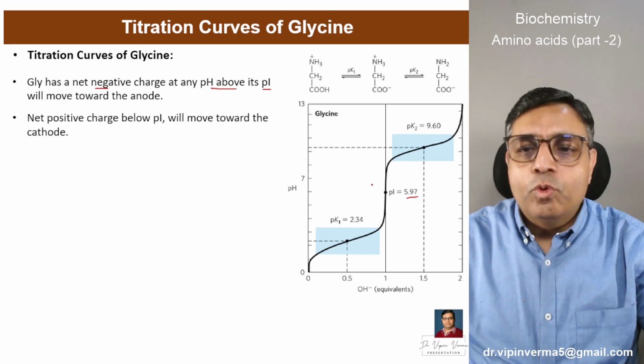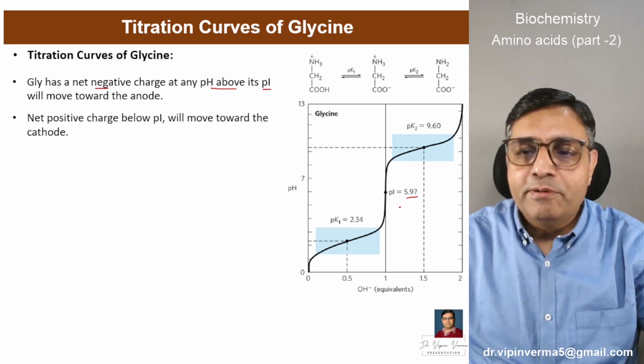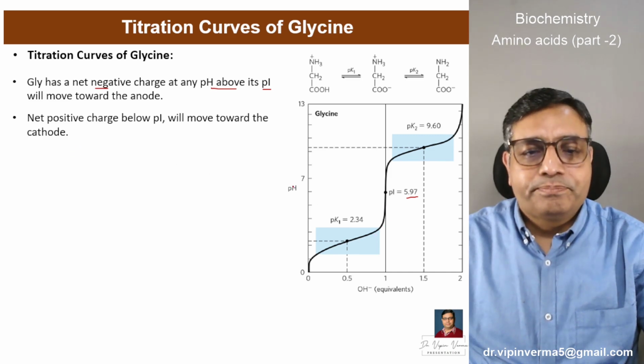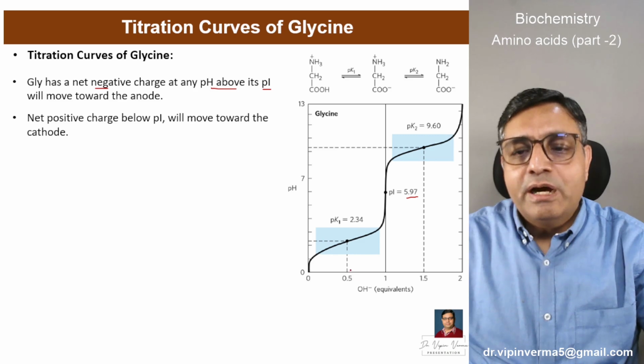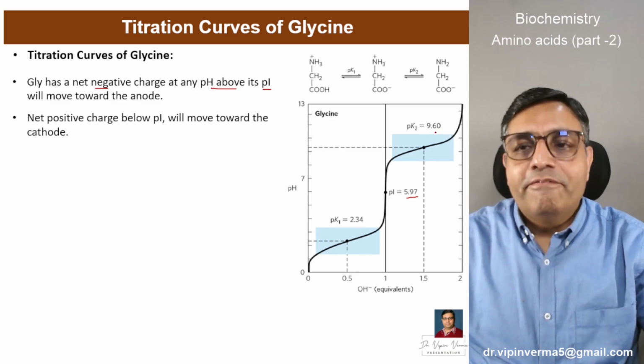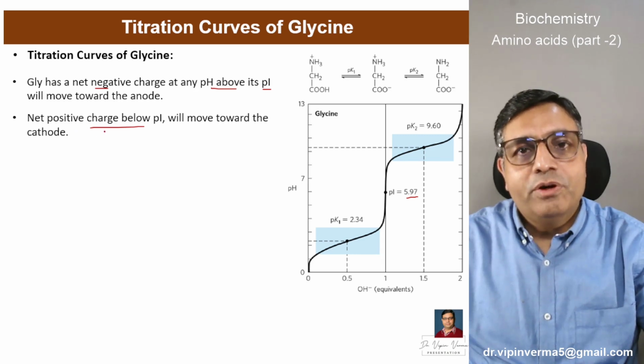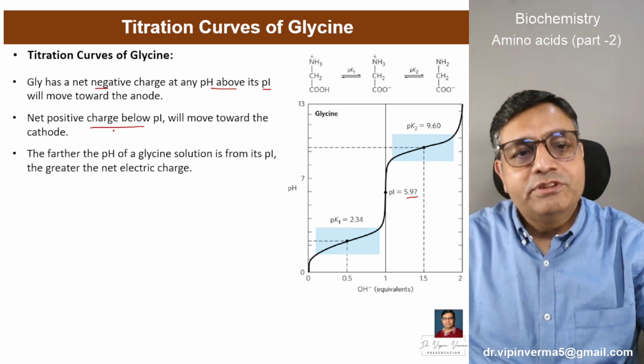And when you go below the pI, which is 5.97, like 4, 3, 2, 1, then it will have a positive charge. The net positive charge below pI means it will move towards the cathode.